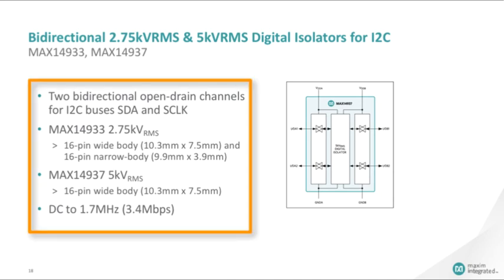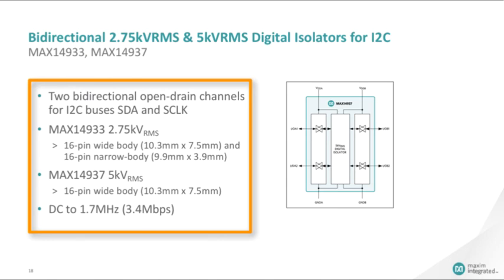The MAX14933 and MAX14937 bidirectional digital isolators both provide two bidirectional open drain channels for I2C buses to isolate SDA and SCLK signals. The MAX14933 has 2.75 kilovolt RMS isolation voltage and is in a 16-pin wide body and 16-pin narrow body package.